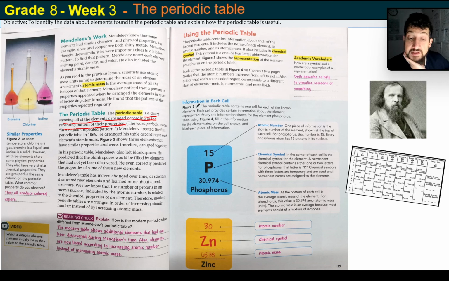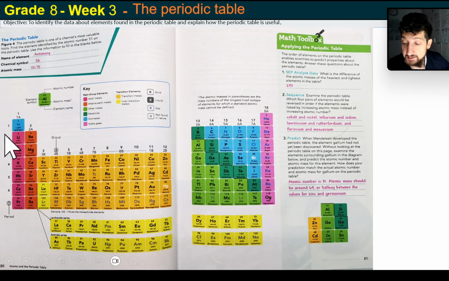So the first element in the periodic table has 1 proton, okay, which is hydrogen. The next one, helium, has 2, and that means it has 2 protons. Lithium has 3, beryllium has 4, boron has 5, and carbon 6, nitrogen 7, oxygen 8, and so on and so forth. So it is arranged by atomic number.